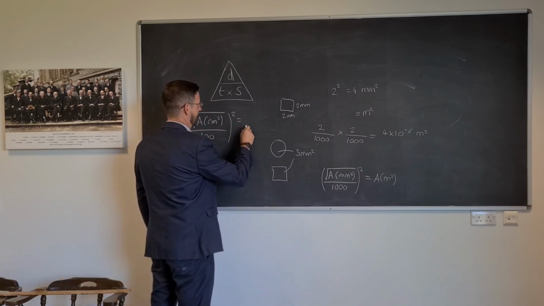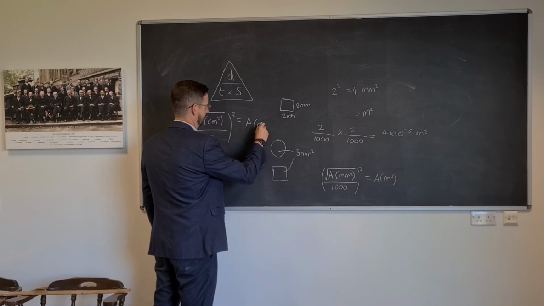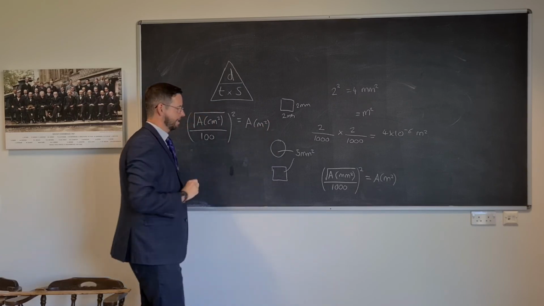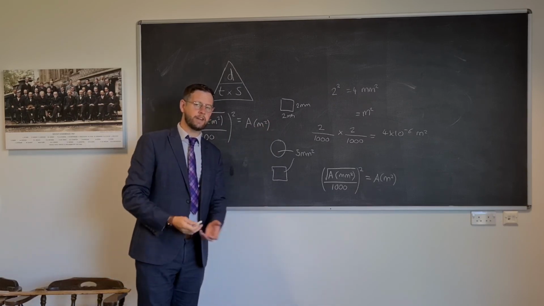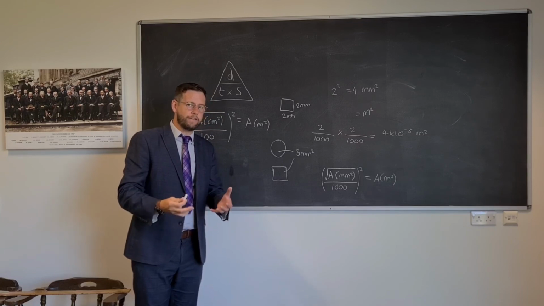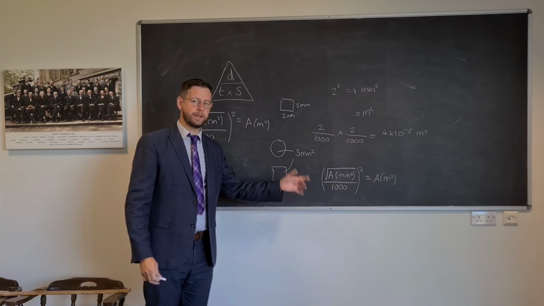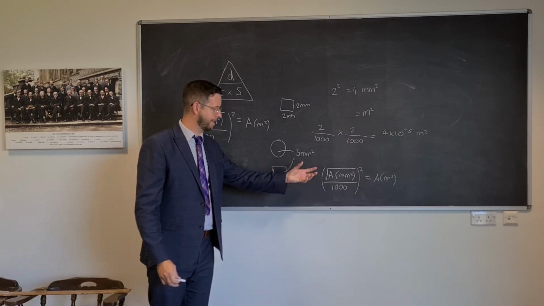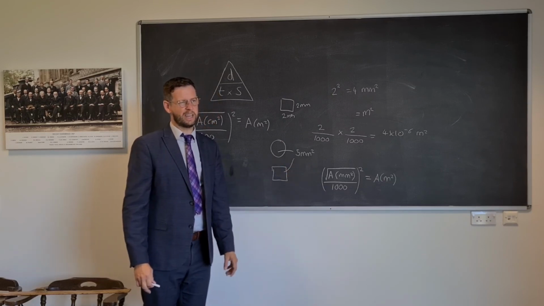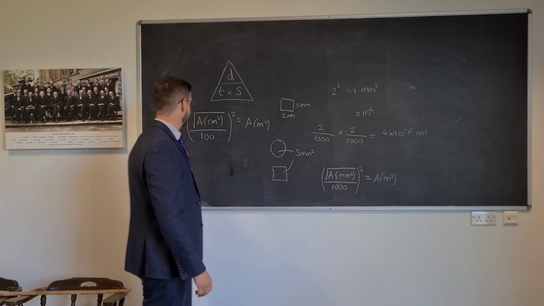This gives us our area in metres squared from centimetres squared, a useful conversion. And though we don't often do it the other way around, just a simple rearrangement of this formula would enable us to get back again from metres squared into millimetres squared, if that was ever a thing.